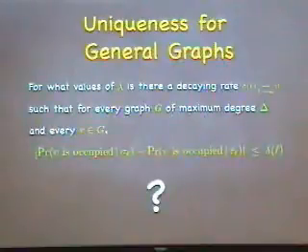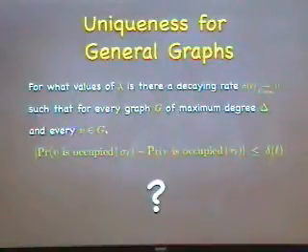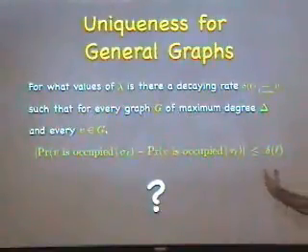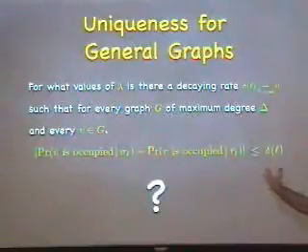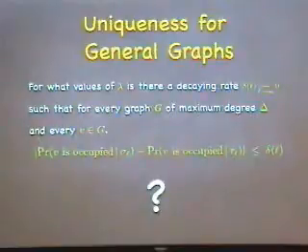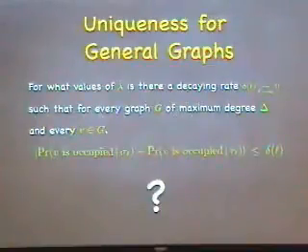For what values of lambda can I take some decaying function delta_L of L, some function that goes to 0, such that for every graph of maximum degree delta, the influence of the configuration at distance L from a certain vertex is at most delta_L? That is, on any graph of maximum degree delta, this influence goes to 0.